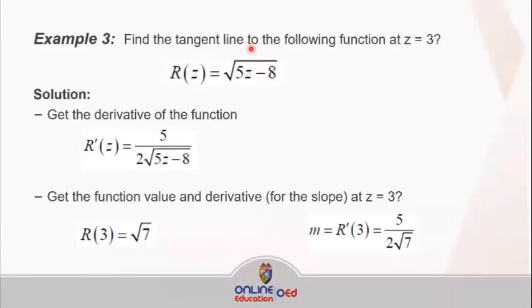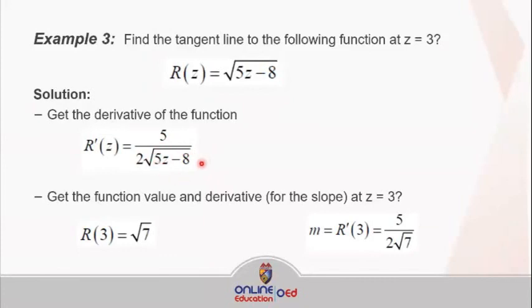Kapag nag-derive tayo na meron tayong square root, yung numerator natin is the derivative inside. Let's say ito yung u natin. So du over dx, ito siya. Yan. And then, ito is, as is lang to, itong denominator natin. So, derivation nito, as is lang yung denominator natin na 2 square root of yung value natin.